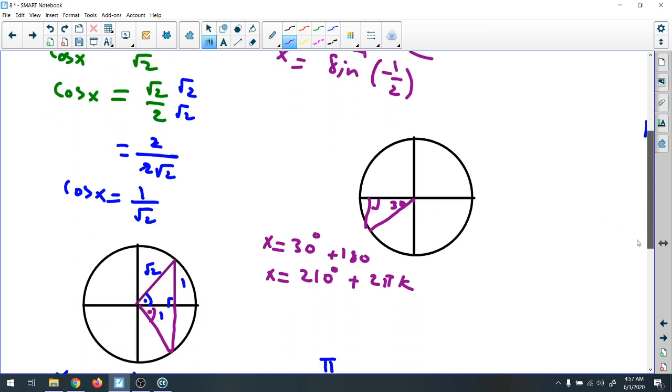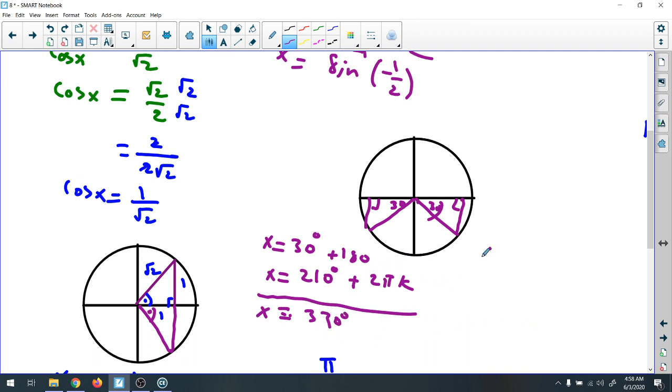Okay. Where is the negative sign again? The negative sign will be in here too. Okay, 1, 2, 3, 4. It will be 360 minus 30. So the position for the second angle is 360 minus 30, which is 330 degrees.